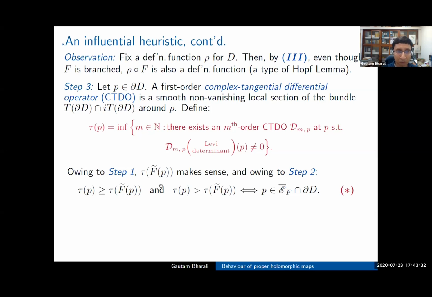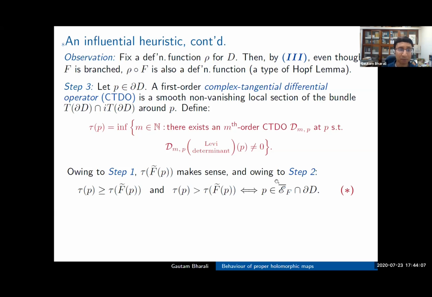All right, I've talked about tau of p. Remember, a proper holomorphic map, in my heuristic, in step one, I've already acknowledged that I can somehow or other, by hook or by crook, extend my proper holomorphic map to the boundary. So f tilde of p makes sense. So I can just apply this definition to the boundary point f tilde of p.